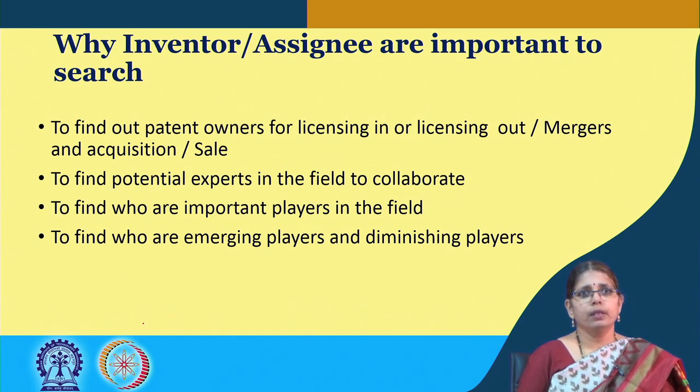So, when we look at the aspects of inventor and assignee search, which comes under the purview of what we call the legal status search, today it is not about one patent, it is about a bundle of patents. So, for instance, let us say we are looking at buying out a particular technology from a particular owner.